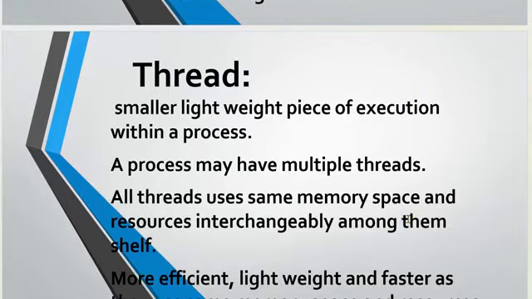So what is a thread? A thread is a smaller, lightweight piece of execution within a process. As I said, the whole program will be a process, and a smaller lightweight piece, some portion of that particular process, is defined as a thread, and that will be executed parallelly.